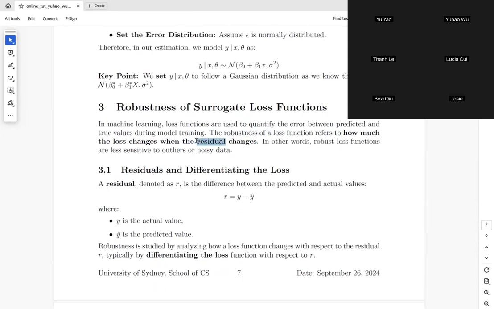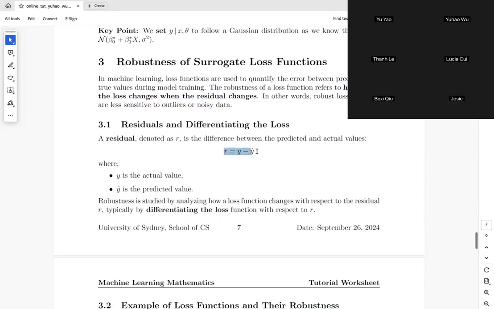The residual is the difference between y and the predicted y. So how do we measure the change when the residual changes? How do we calculate the change ratio between the loss and the residual?